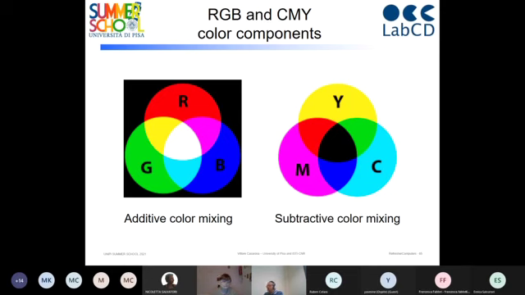Now, the study has shown that I can recreate the same stimulation of the eye. I can generate any color that my eye can see, just mixing in the proper way 3 basic colors, the red, the green, and the blue. So if I have 3 lamps, one emitting only red light, one only green light, one only blue light, if I mix them with the appropriate intensity, I can generate all the possible colors that my eye is able to see.